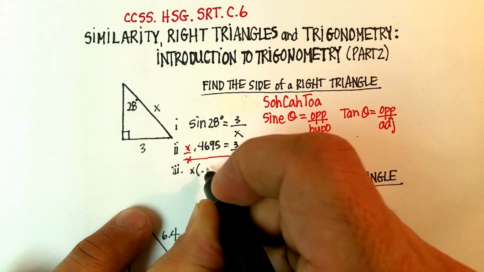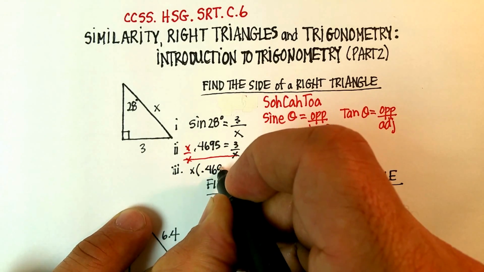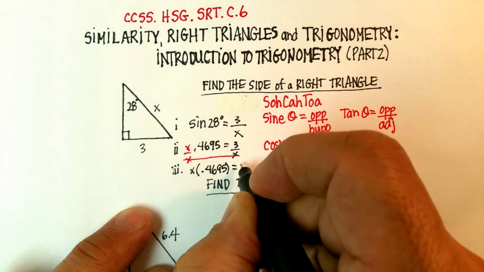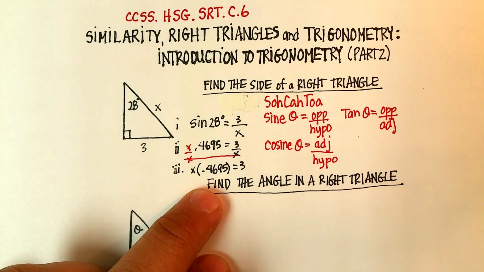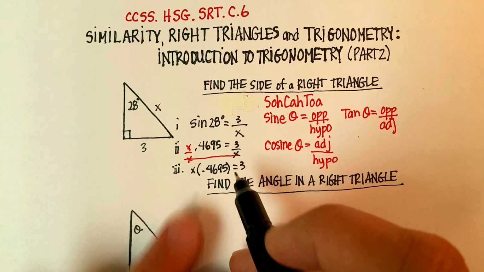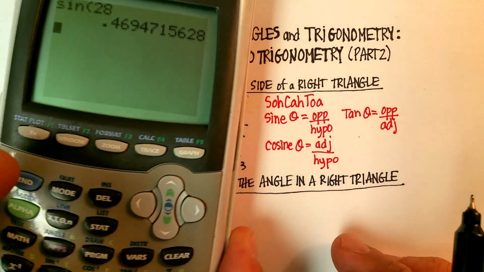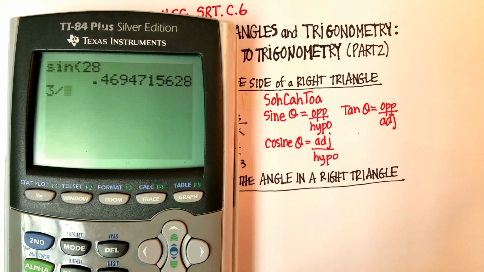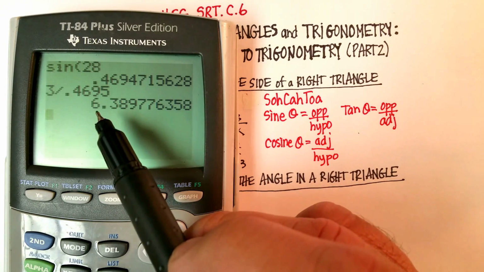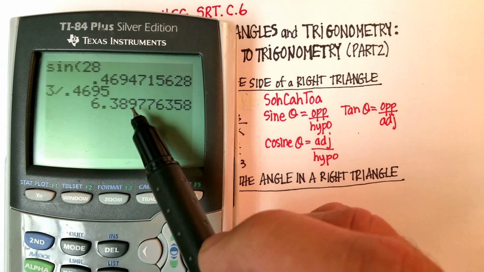x times 0.4695 is equal to 3. Let's just go ahead and divide both sides by 0.4695. So 3 divided by 0.4695, and that's going to give me 6.3897.